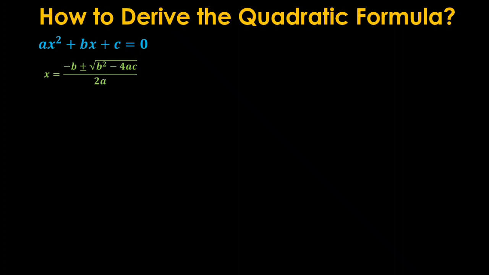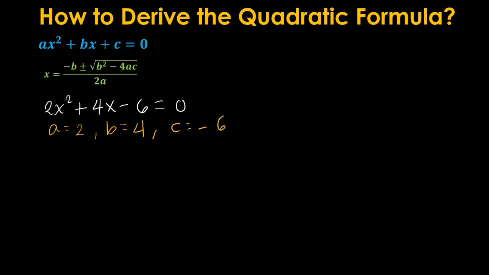Let's apply the quadratic formula to some quadratic equation. Say we have, okay, in this problem we have a equals 2, b equals 4, and c equals negative 6.